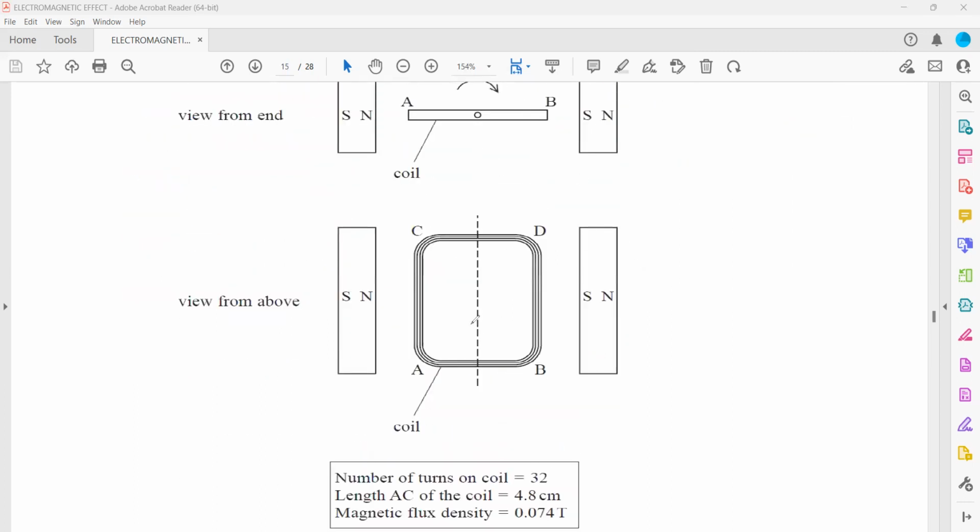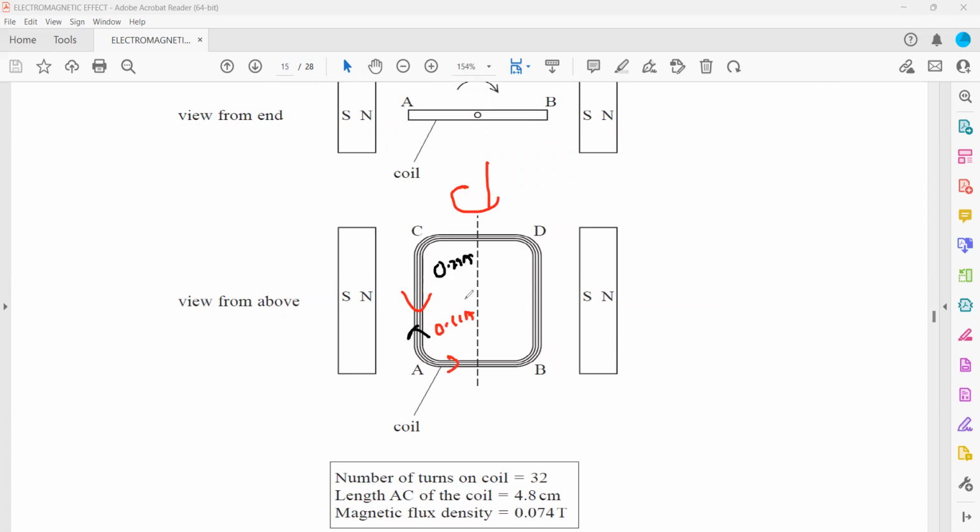Like if initially the current was from C to A, but due to the rotation of this coil, there will be another current, but that will be from A to C. And that current is due to the change in the magnetic field, which is also known as the induced current, or the voltage produced is known as induced voltage. So if the current we were passing is 0.29 ampere, but due to back EMF the current is, for example, 0.11, the total current which will flow will be different.